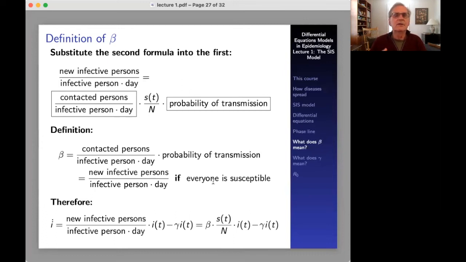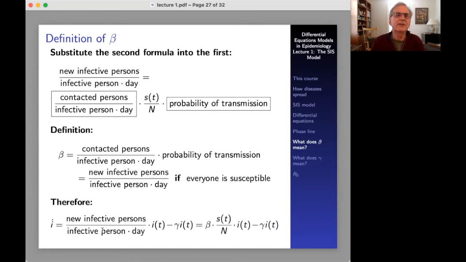And therefore, we can figure out a formula for I dot in this new situation where we're looking at the population of size n. So what is I dot? It's a rate per day. We look at the new infective persons that one infective person causes in a day. That's what we just got a formula for.